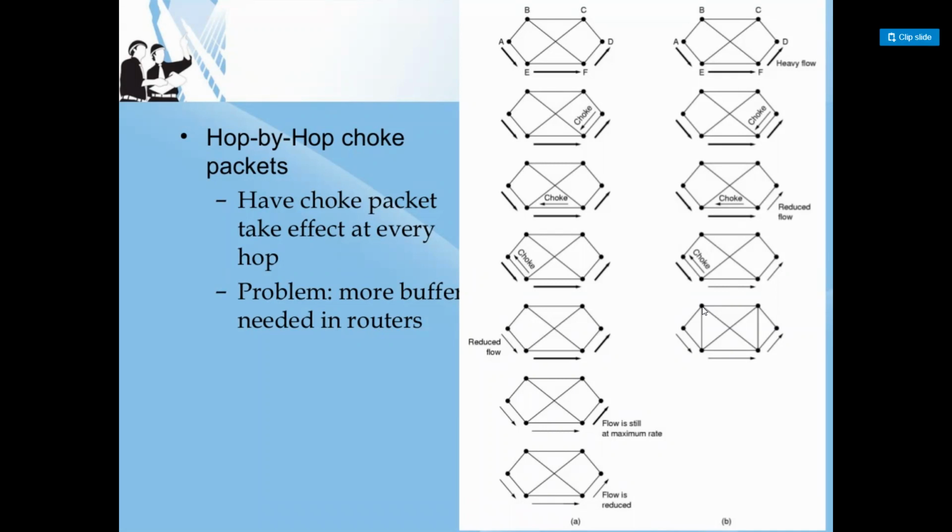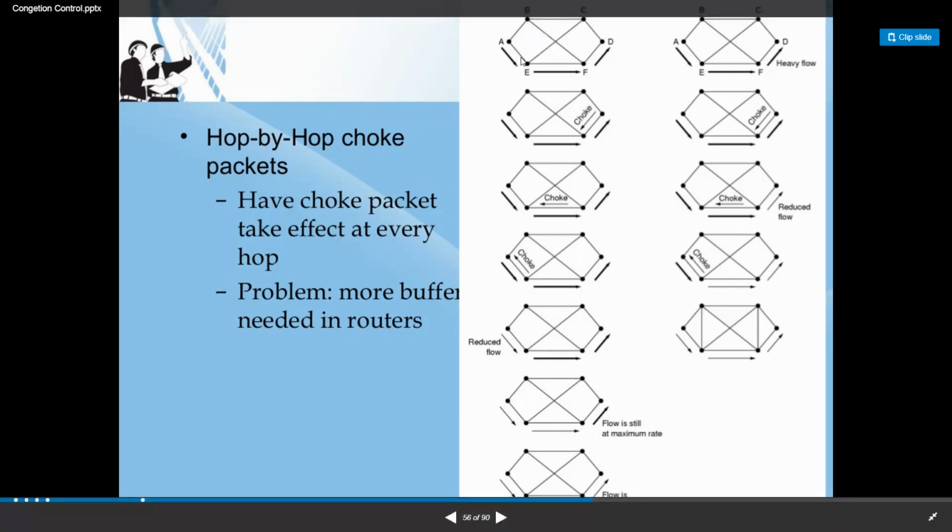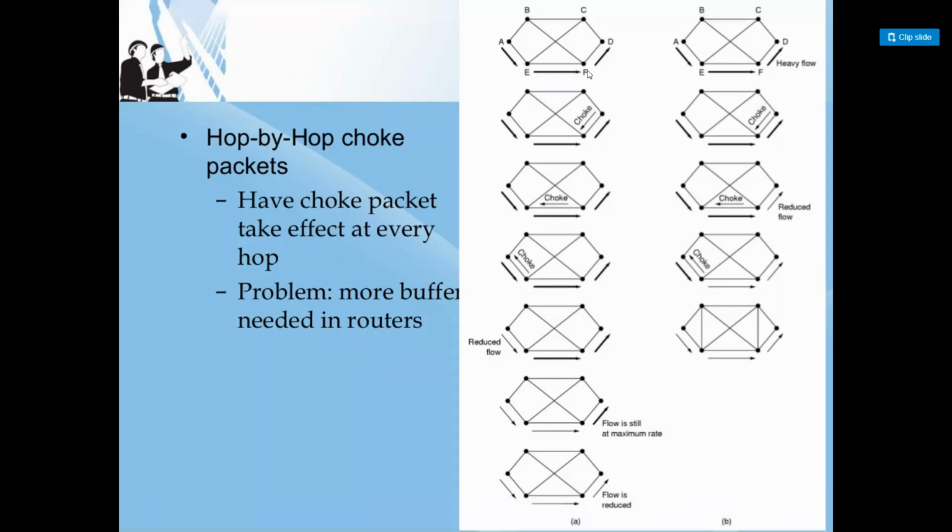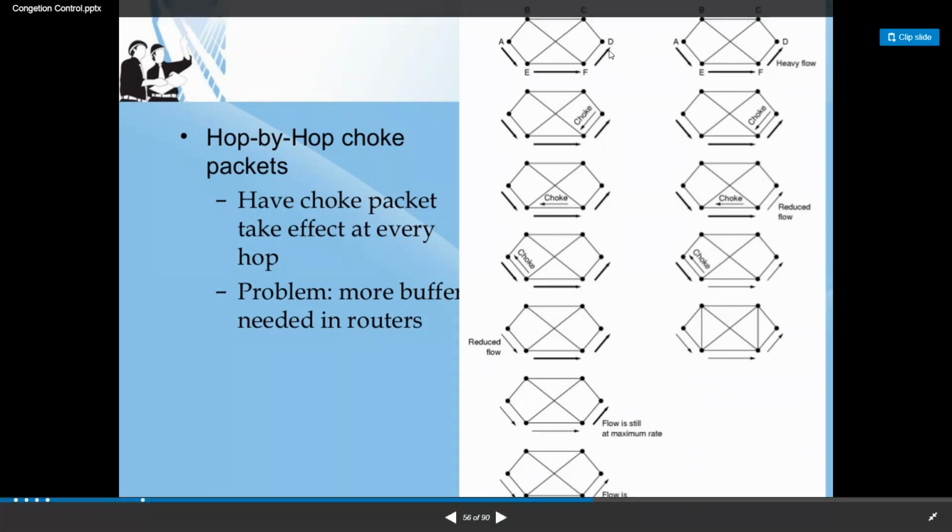Students, just come back. Only you can see the first diagram. A is transmitting packets to router E. Router E is transmitting to F. F is transmitting to D. From which router is D getting the packets? From router F. The congestion occurs at router D. It intimates router F. Then what will it do?